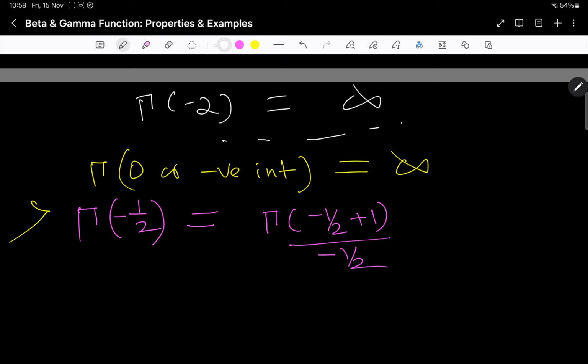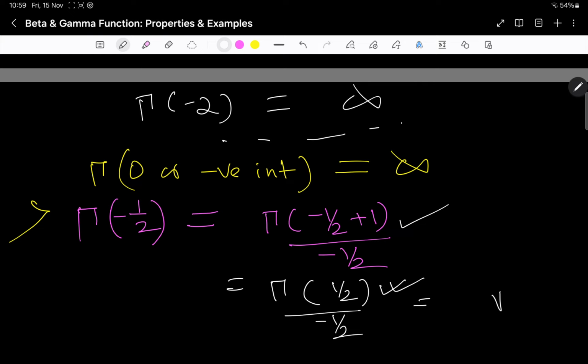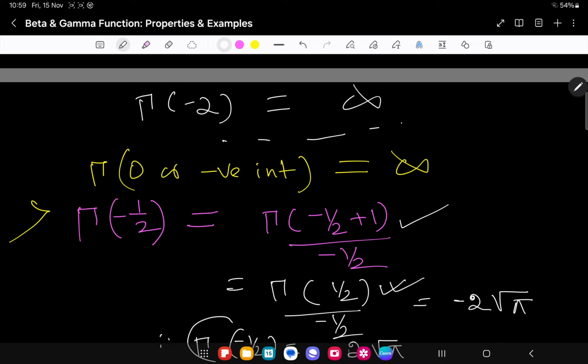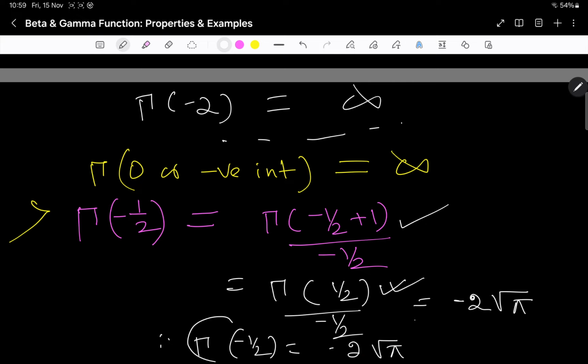So it will be gamma of half divided by minus half. Gamma half is root pi, and minus half here gives minus 2, so this is minus 2 root pi. Therefore gamma of minus half is minus 2 root pi.